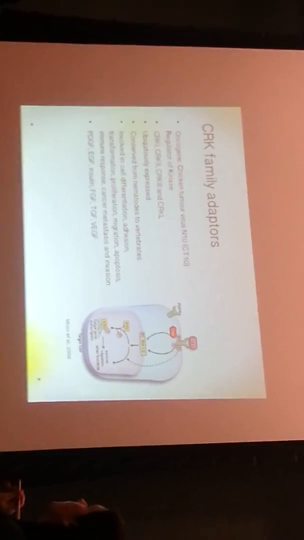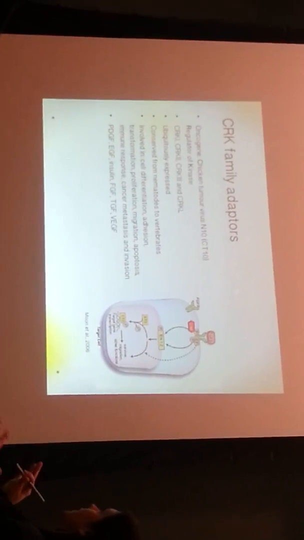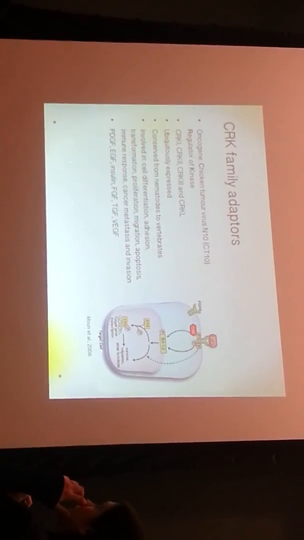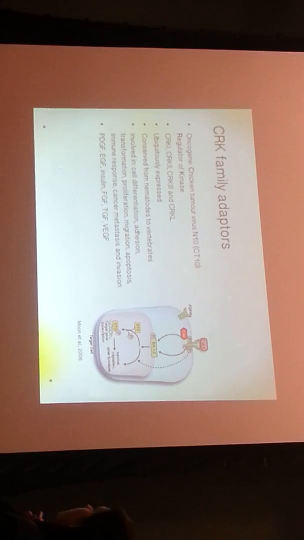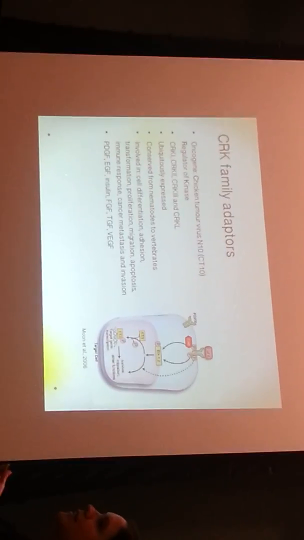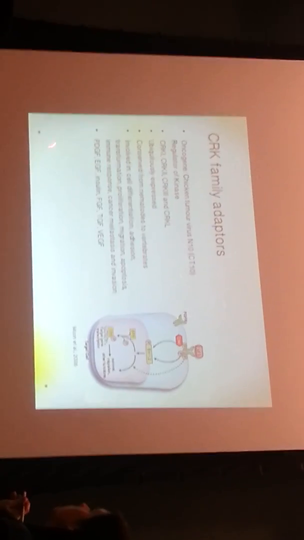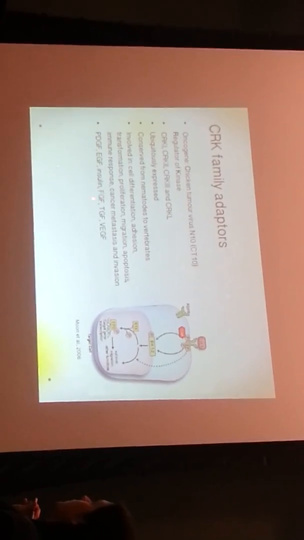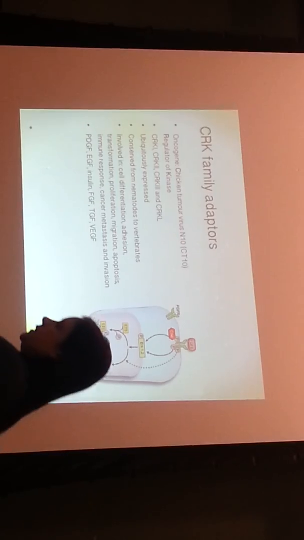These proteins are involved in cell differentiation, adhesion, transformation, proliferation, migration, apoptosis, and many new papers relate the CRAC family with cancer metastasis and invasion. As I mentioned, they are part of the growth factor signaling pathways like PDGF, EGF, insulin, hepatocyte growth factor, TGF, VEGF, etc.